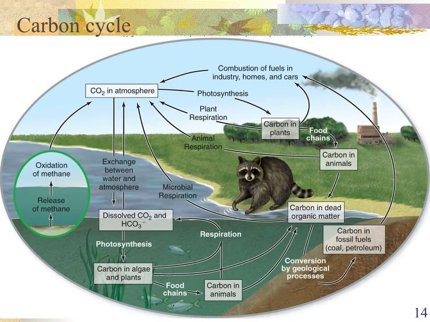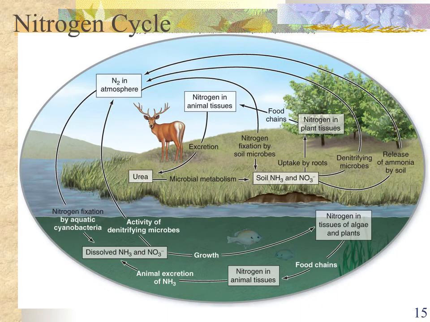Of course, we've interrupted this by burning fossil fuels, and so we've put lots of carbon dioxide back in the atmosphere. Another example of a well-known nutrient cycle is the nitrogen cycle. Nitrogen is a limiting nutrient for many plants. They need nitrogen to make proteins and DNA. And really the source of nitrogen, the available nitrogen for plants, is in the atmosphere. And only some organisms can fix nitrogen.